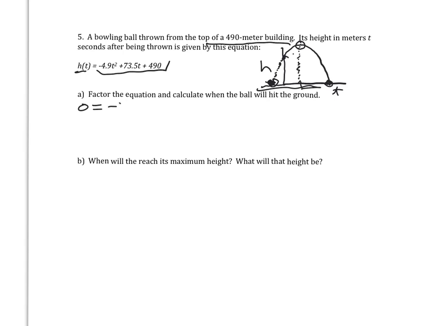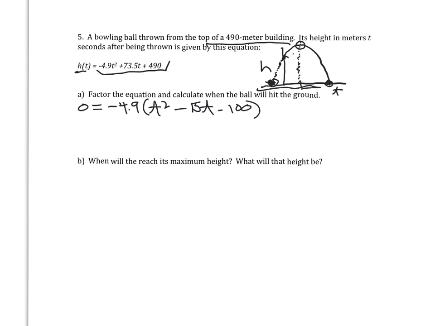And then we can factor this, negative 4.9, and this was set up to be factorable, so we end up with t squared, be careful, negative 15t minus 100.